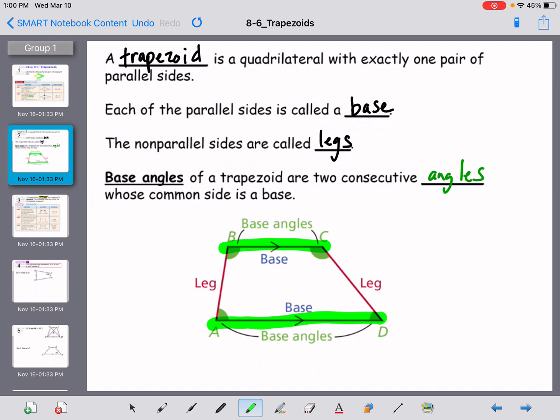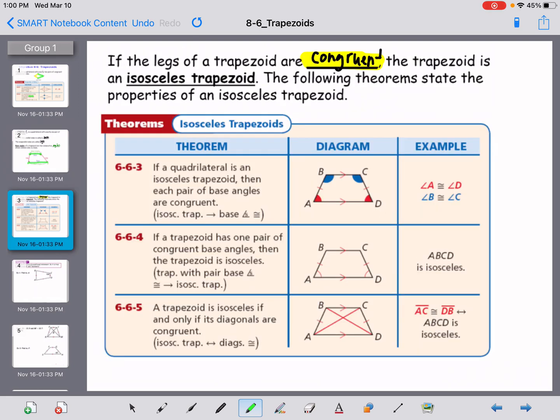Now, the base angles of a trapezoid are two consecutive angles whose common side is a base. Hopefully that makes sense to you. If the legs of a trapezoid are congruent, the trapezoid is an isosceles trapezoid.